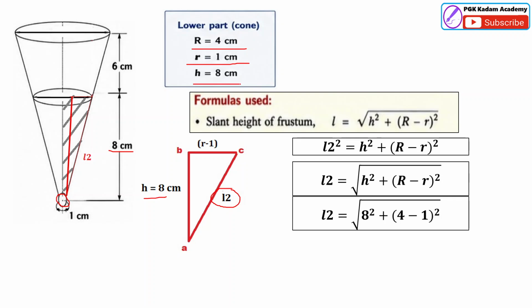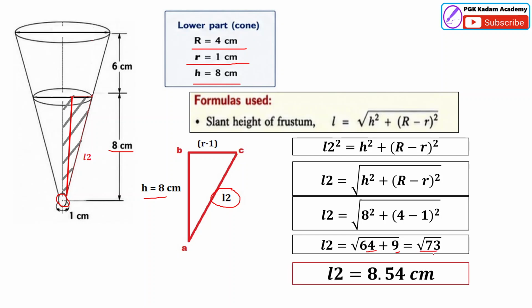Putting these values and solving, we get the root of 64 plus 9, that is root of 73, so L2 is 8.54.